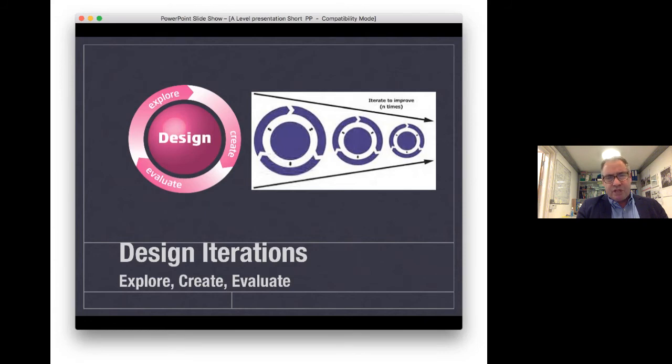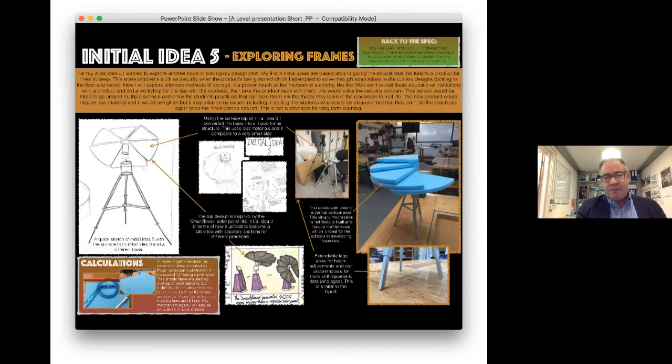Iterations, you remember from GCSE, or you'll know well through GCSE, we need to iterate, change and change, develop and develop designs over the course of many, many weeks to come up with something special. And modelling.